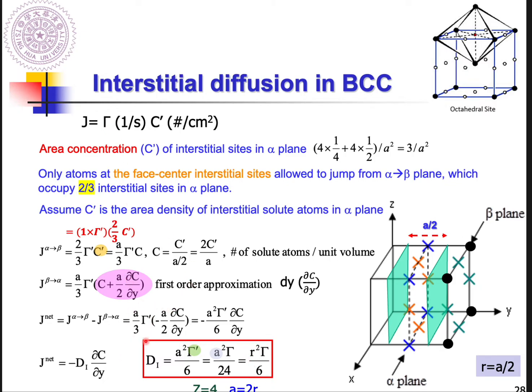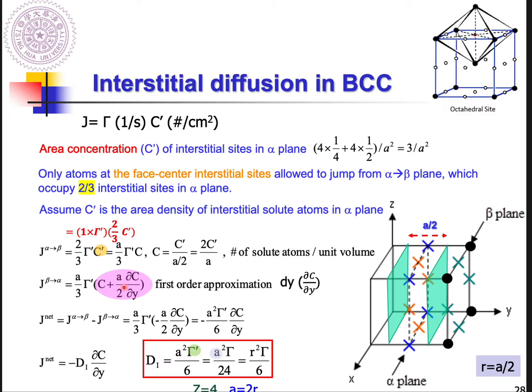So now you have some idea why we want to use this kind of expression for the concentration of interstitial atoms at the beta plane. Because we want to have this concentration gradient term to compare with Fick's first law. You compare these two, right? Then you get this term as the diffusivity.